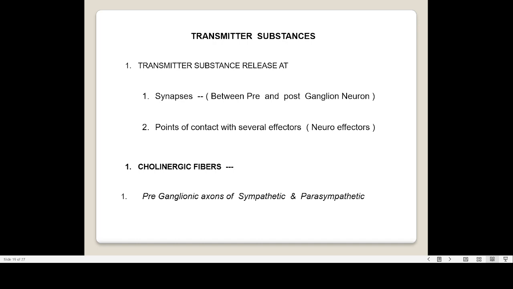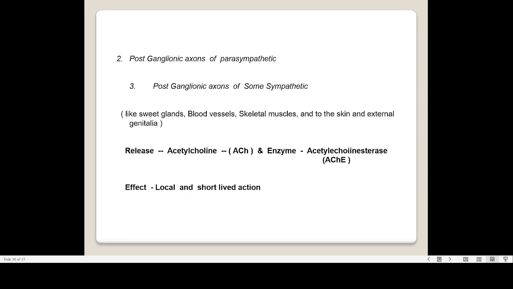That means the preganglionic axons of the sympathetic and parasympathetic release ACH, so they are called cholinergic fibers.